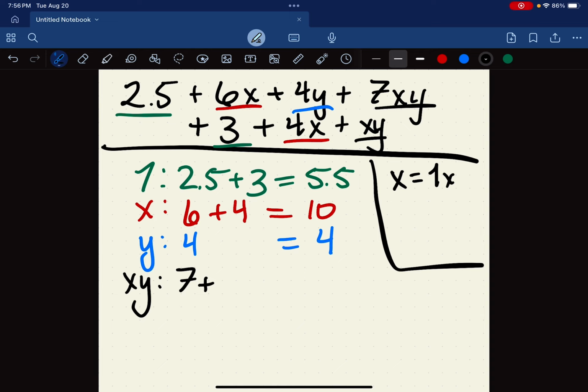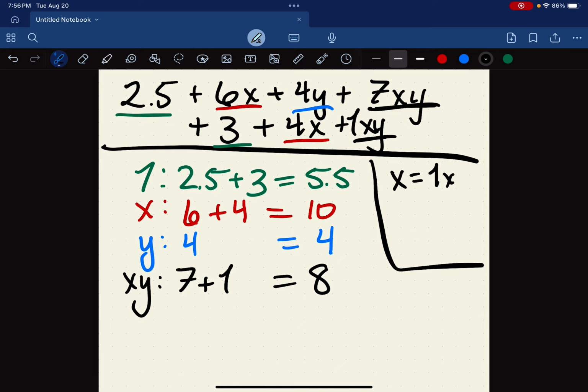So if I say, go get me an orange from the store, that's the exact same as saying, go get me 1 orange from the store, right? So we can just drop the 1 since it's implied there. So we have the 7xy's, and then we have an additional xy, which we can fill in the 1 out front. So we got 7 plus 1, 8 xy's.